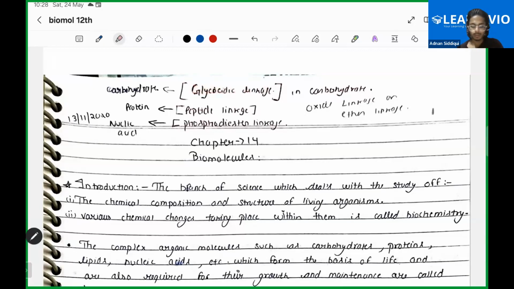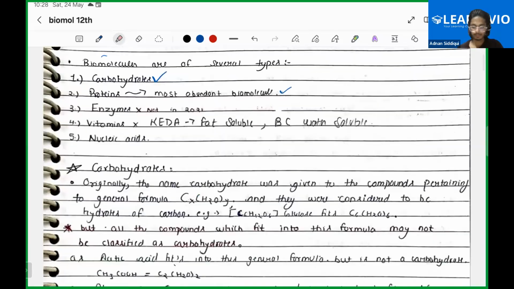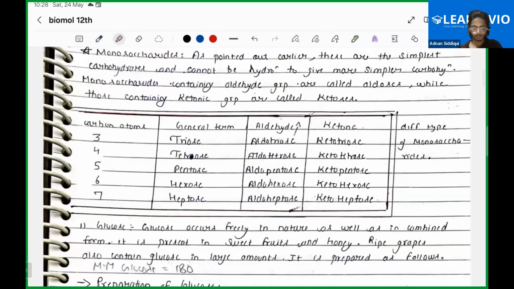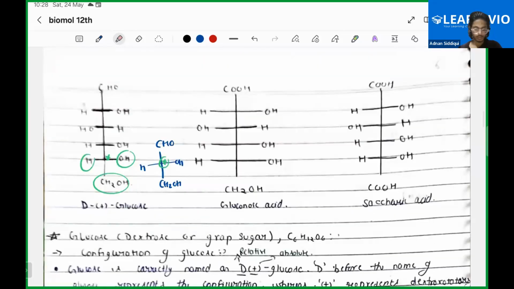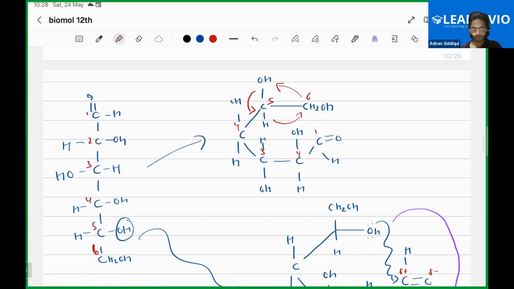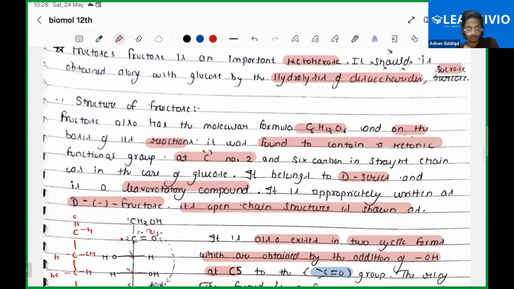They might ask you in one number, which type of linkage is in carbohydrate? So you should answer glycosidic linkage, right? Carbohydrate is complete. So now let us jump to proteins.